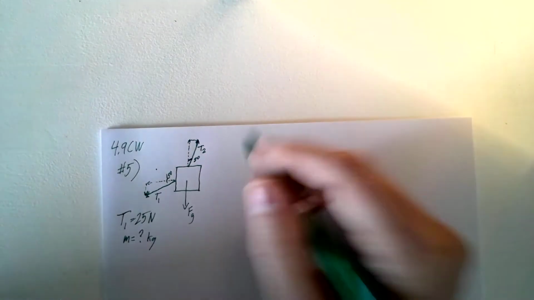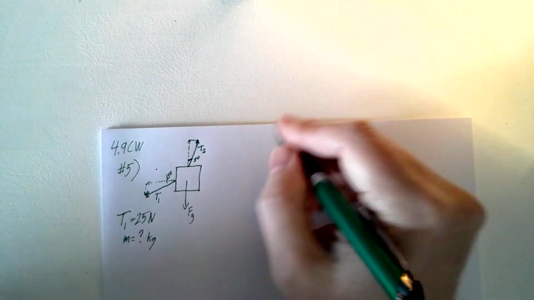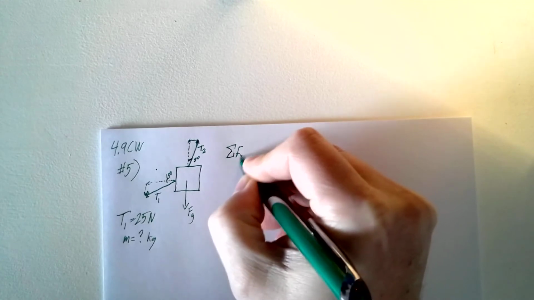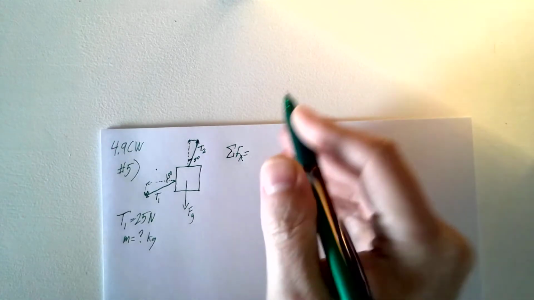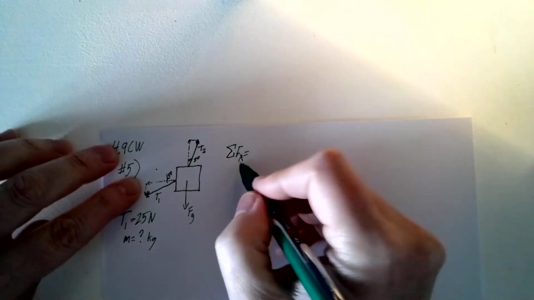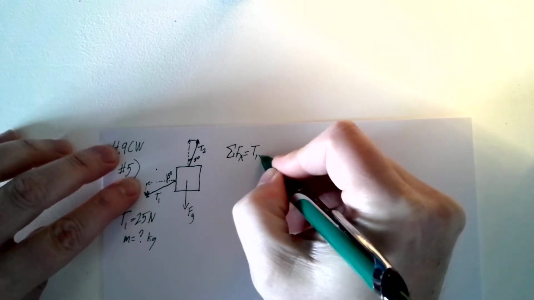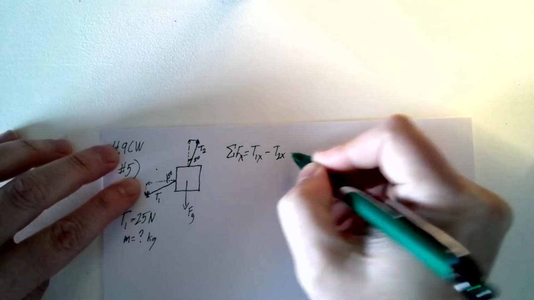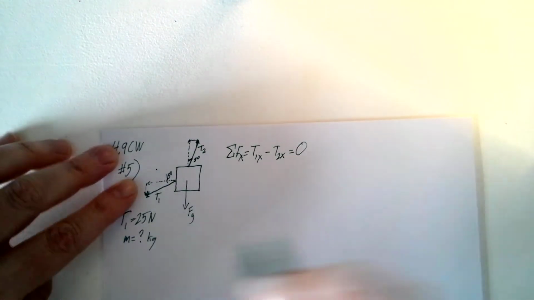Alright, so first step, net force equations. Set it up in the X. T1x minus T2x equals 0.